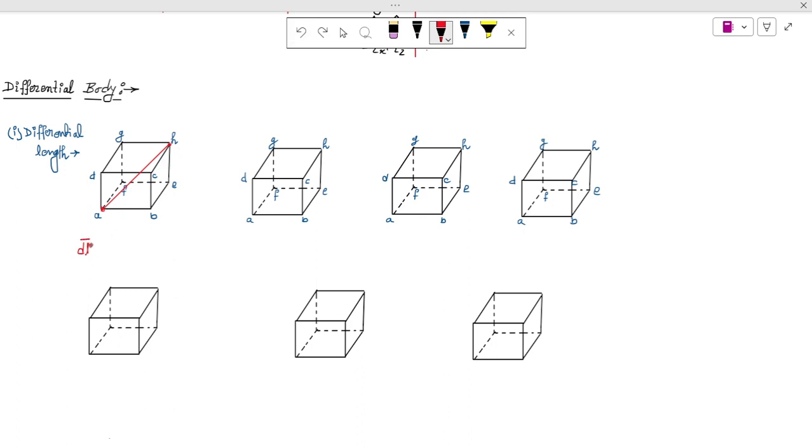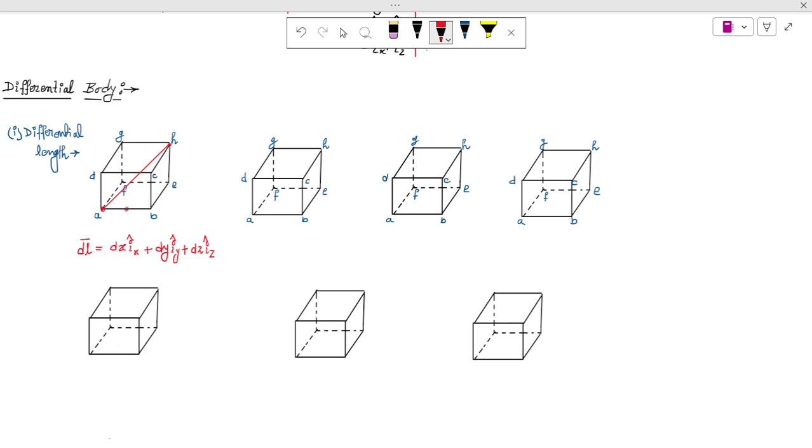It is a vector, and it will be expressed as dx ix, dy iy, and dz iz. No need for an elaborate study.